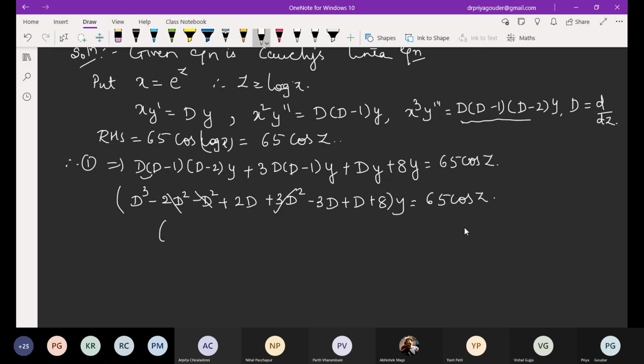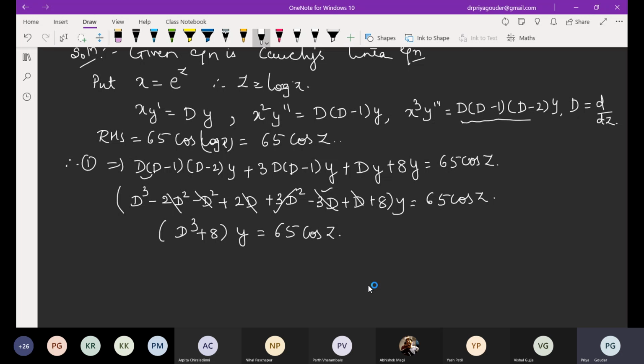Anything else? 3D along with the other terms can be cancelled. Is the screen getting disturbed? Hopefully no. Okay, so this is minus 3D. We can cancel it with 2D plus D, which is 3D. What is remaining? See, so many terms got cancelled. Isn't it D cube plus 8 into y equal to 65 cos z?